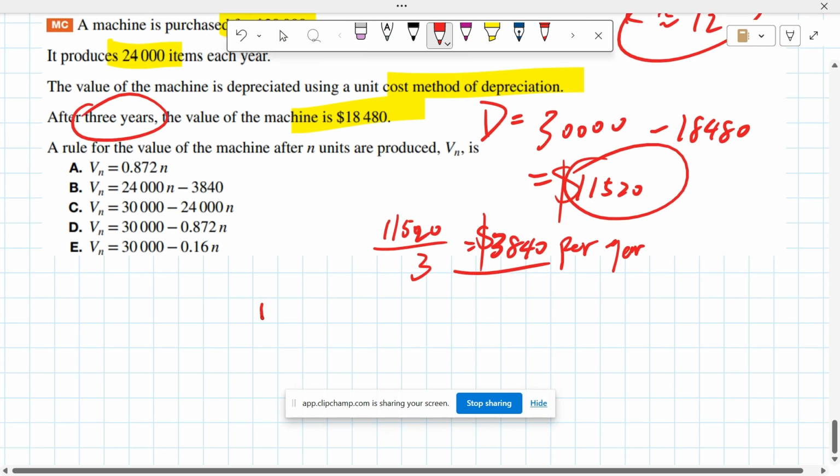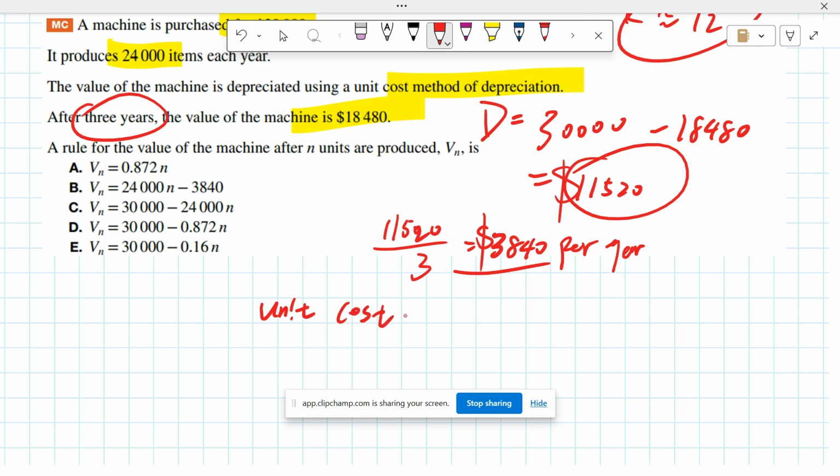The unit cost we don't know, but we're going to figure it out as well. It equals 40 divided by the total items we have, which is 0.16 per item.